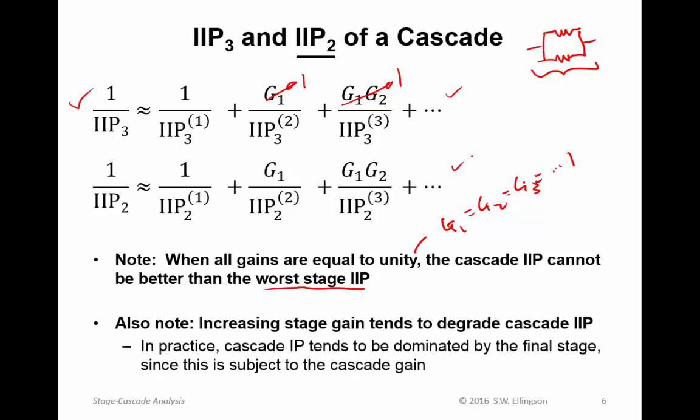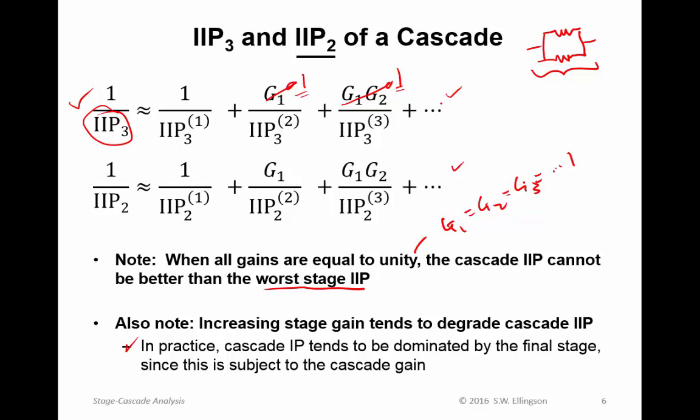You should also note that increasing stage gain tends to degrade a cascade intercept point. You can see that because, for example, if now I go from 1 for these gains to some greater number, that is going to degrade the overall input intercept point. Furthermore, we see that in practice the cascade intercept point tends to be dominated by the final stage, by the last stage, because that's subject to the complete cascade gain minus the gain of that last stage.